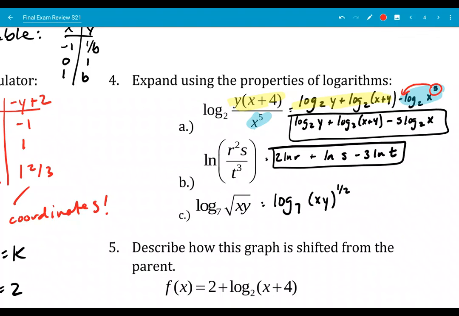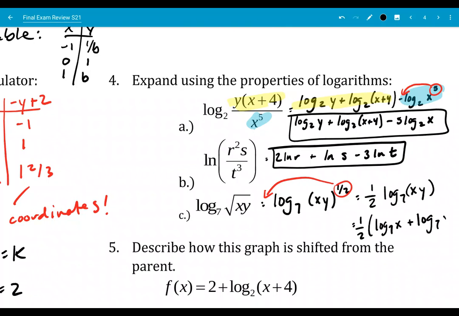Now I have an exponent, so I know this 1/2 is going to come out front, which is going to be a half log base 7 of xy. So I've got to break apart the xy here. That just turns into 1/2 times log base 7 of x plus log base 7 of y.